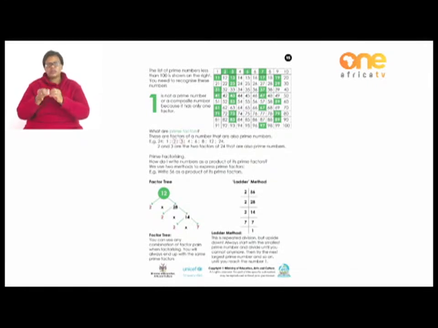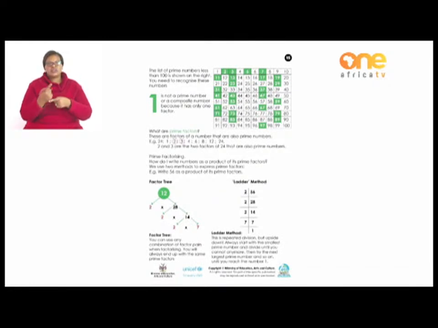Some are in green, shaded. You need to recognize these numbers. First, you need to know that 1 is never a prime number and is never a composite number, because it has only one factor, which is itself.